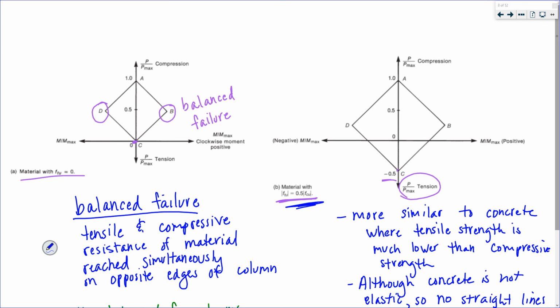Go back and look if you need to understand this a little bit better. But again, this is the failure surface. If you are within it, you are fine. If you are outside of it, not fine. Okay? And I will pause there and start the next one.